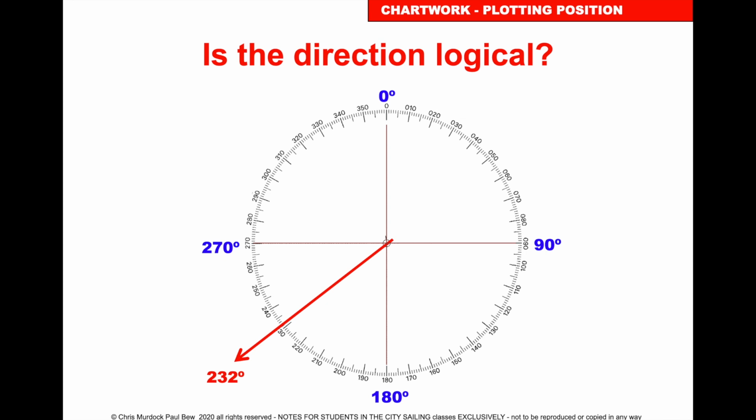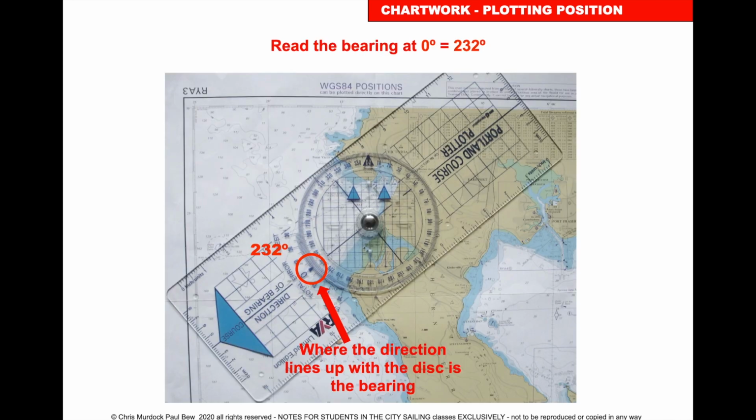Is this direction logical? So in your mind, draw a picture of a compass. North, east 90, south 180, west 270. Where's 232? 232 is about here. So in your mind, draw a line from the middle out and in this direction. Does this line up with what we've just been doing?